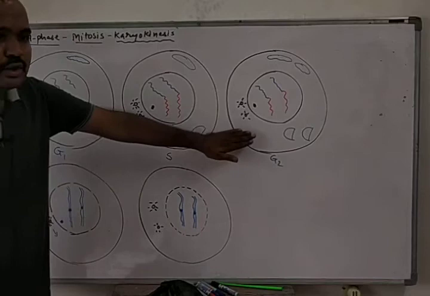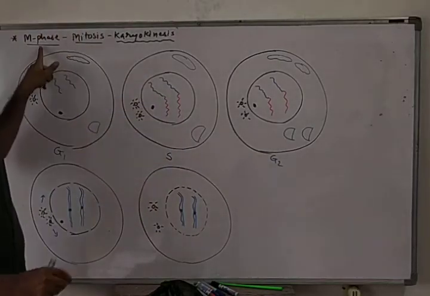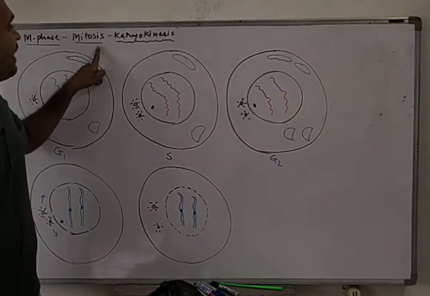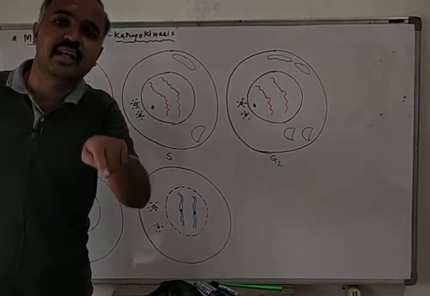Now, after the completion of G2 phase, the cell will enter into the M phase. In the M phase, it will enter into mitosis. In mitosis, it will enter into karyokinesis, and in karyokinesis, it will enter into the prophase.